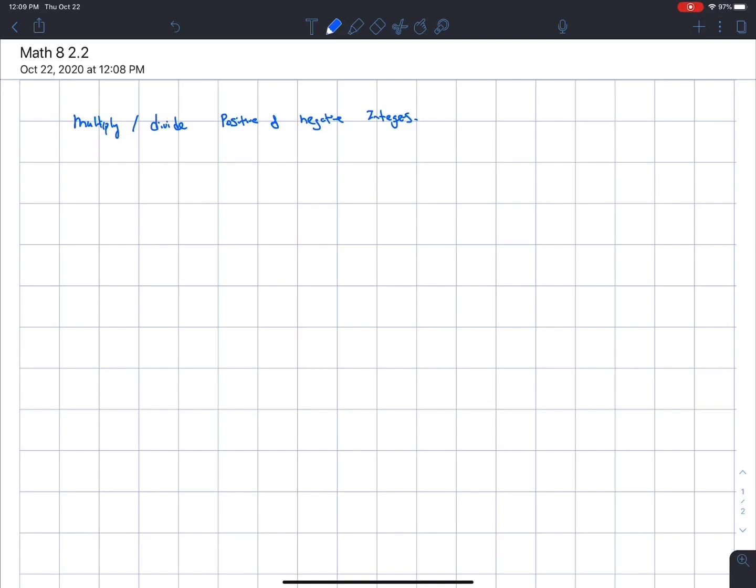So if someone asks me what is 2 times -3, for example, this just means two groups. Times can be translated into "of," so two groups of -3.